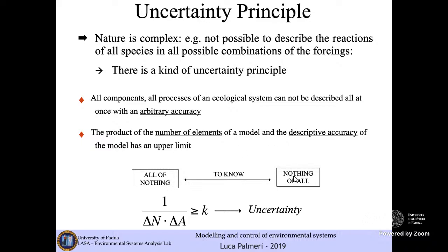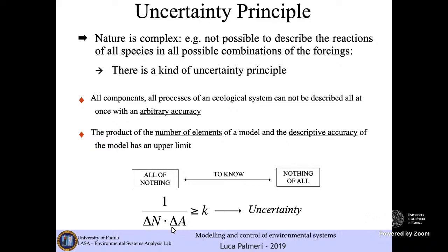If you try to concentrate on all the elements, then you end up with very small knowledge. If you reduce your pretension, then you may find the right trade-off. A way of measuring this trade-off is a kind of uncertainty principle, like the principle of Heisenberg.